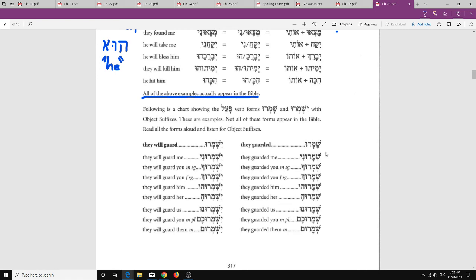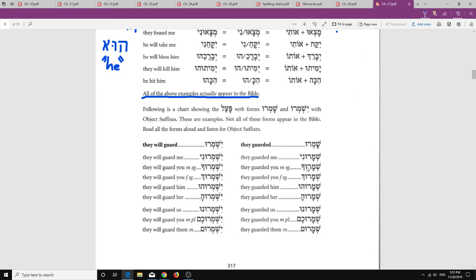Let's go down and hear the cadence of this. Shamaruni is "they guarded me."